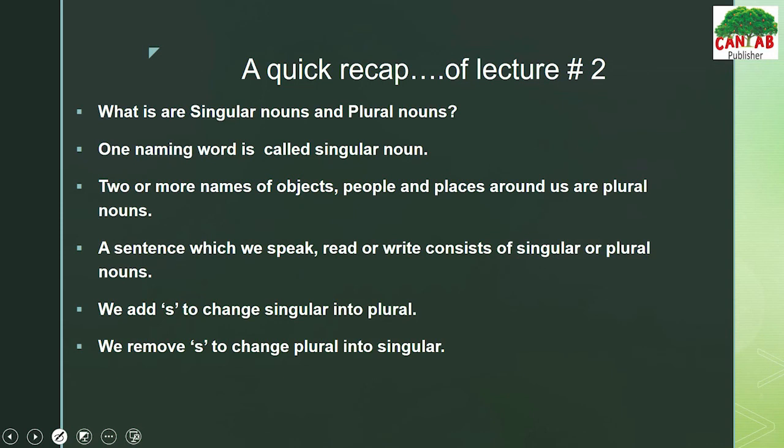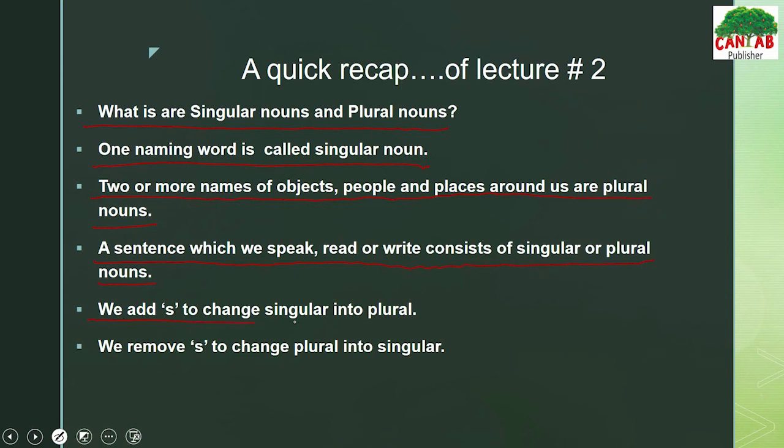So let's have a quick recap of the lecture number 2. Today's topic was singular and plural. What are singular nouns and plural nouns? One naming word is called singular noun. 2 or more names of objects, people and places around us are plural nouns. A sentence which we speak, read or write consists of singular or plural nouns.